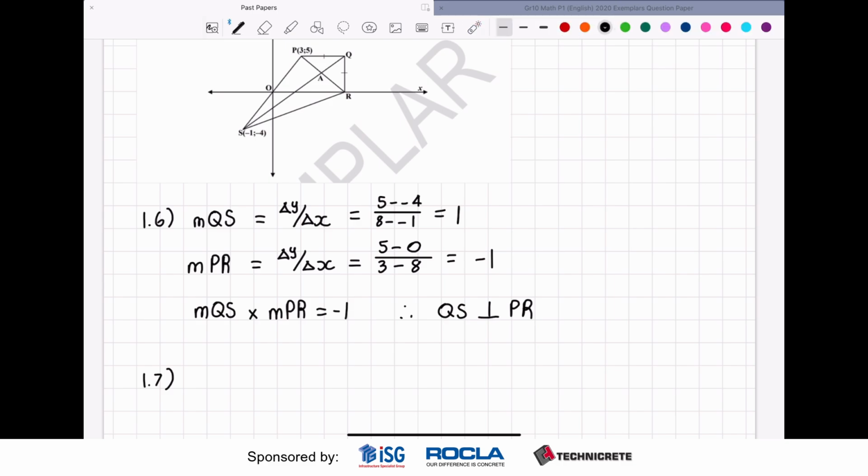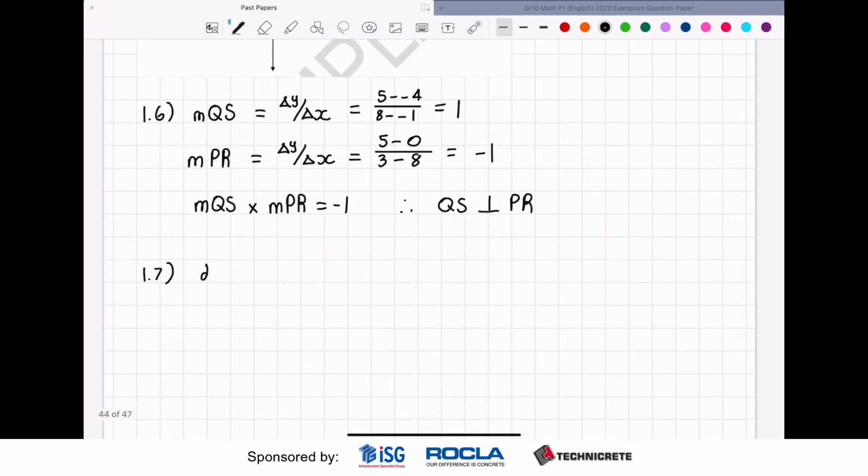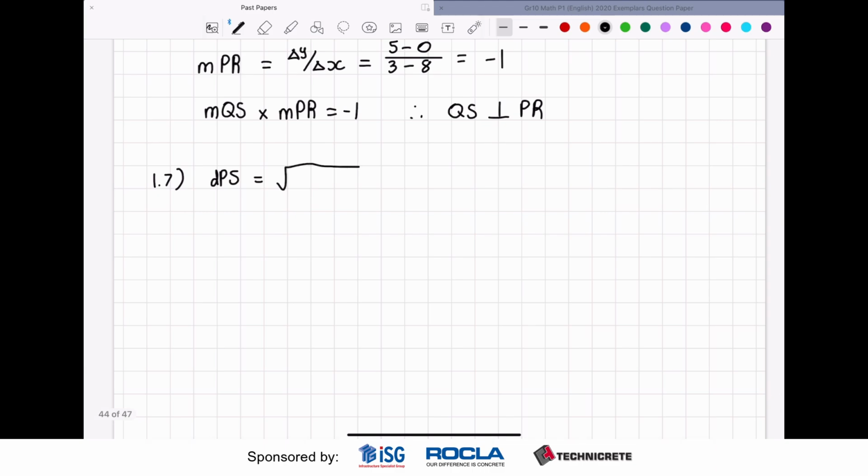So we can find out the length of those sides by doing the distance formula again. So we want the distance PS, and that's going to be xP minus xS squared plus yP minus yS squared.